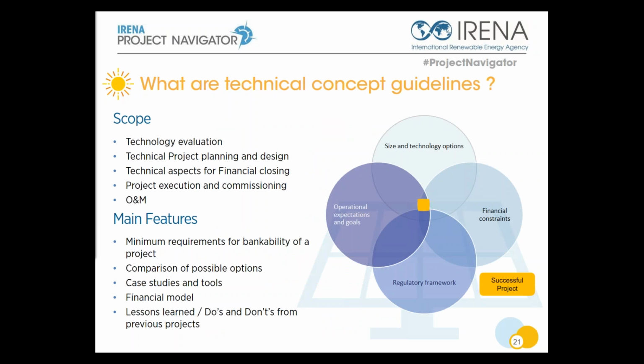The technical concept guidelines, as we call them, are in general guidelines that cover the technical aspects of project development. So these technical guidelines help you to do an evaluation of the technology that you are developing. We help you with the technical project planning and the design, so the components of your renewable energy projects.